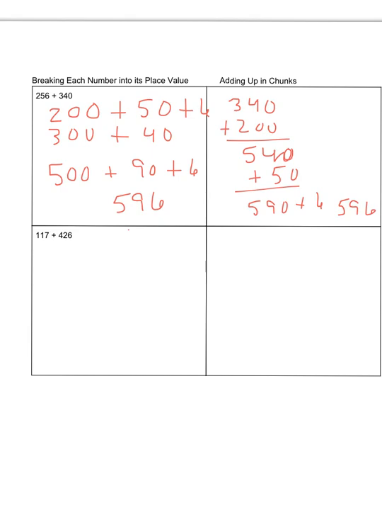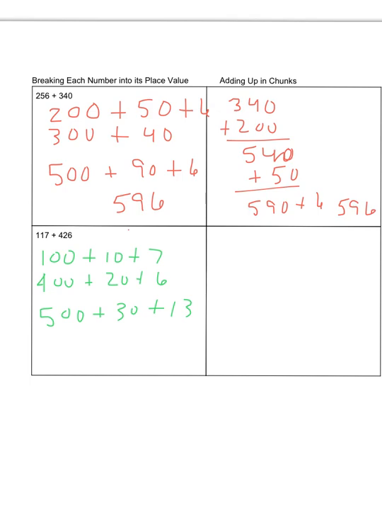We have 117 plus 426. Again, if we're breaking each number into its place value, it's 100 plus 10 plus 7, 400 plus 20 plus 6. Now we're left with 500 plus 30 plus 13.